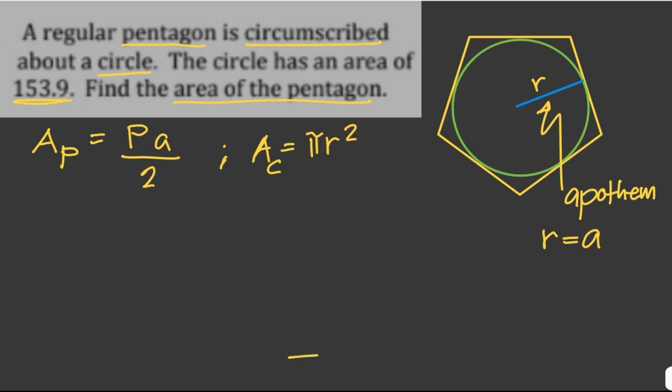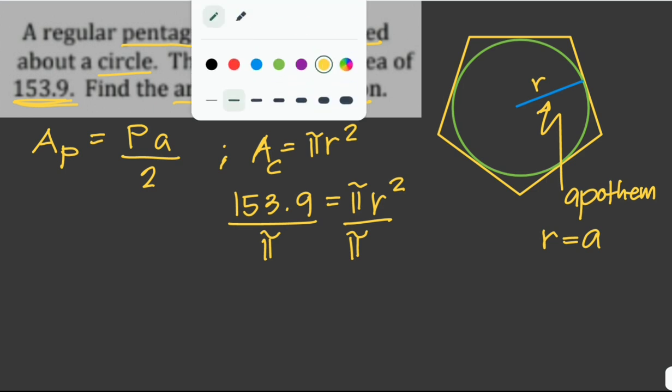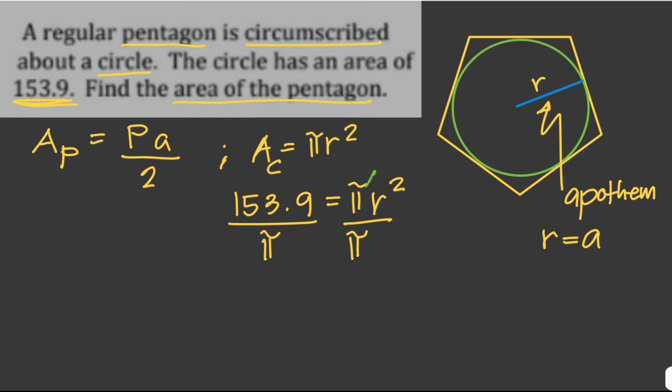So we just plug in the value of the area, which is 153.9 equals pi r squared. Then we divide both sides by pi to get rid of the pi here. Then r squared is just equal to 153.9 over pi.